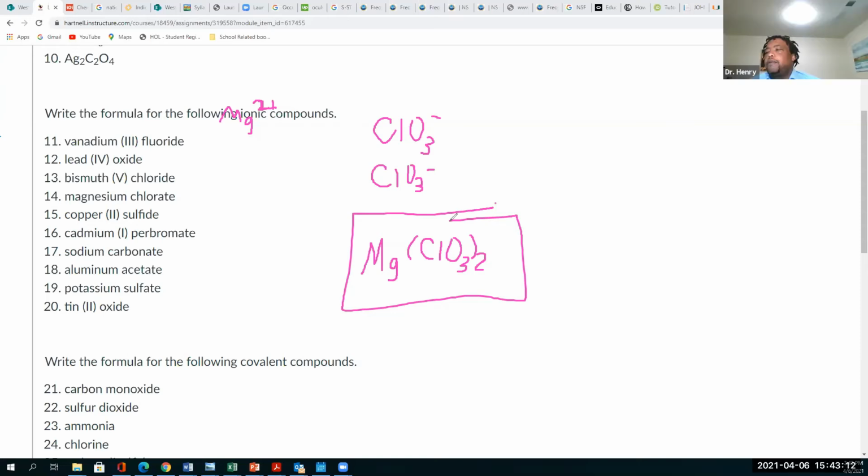No, you can't write it that way, Brianna, because chlorate goes together, right? And you always want to put the metal first. Metal always comes first. You understand, Brianna? That's a good question.